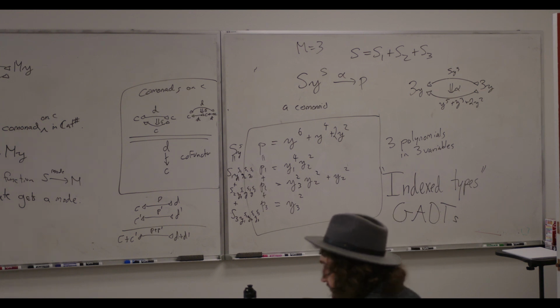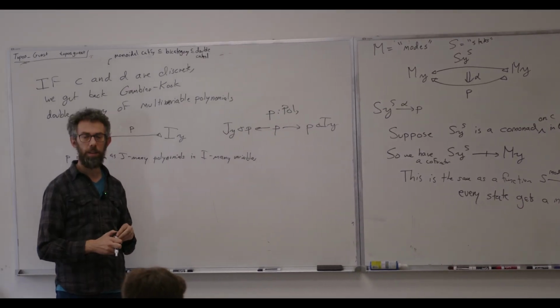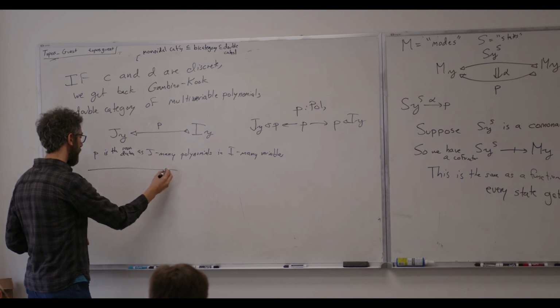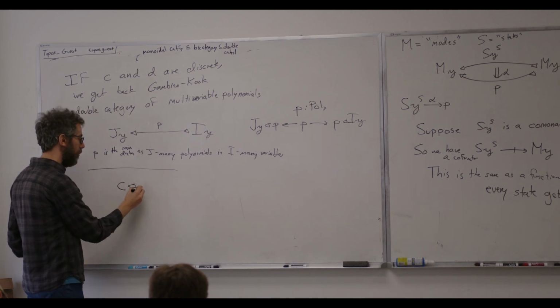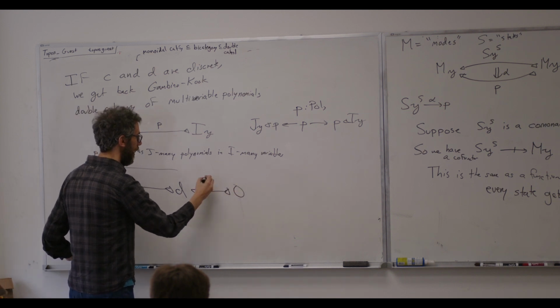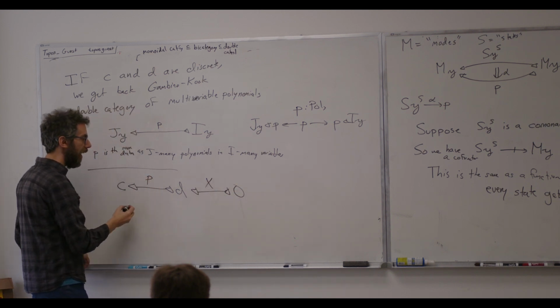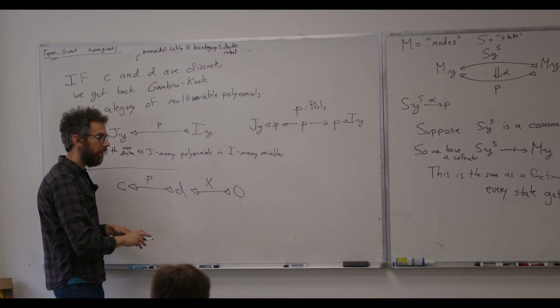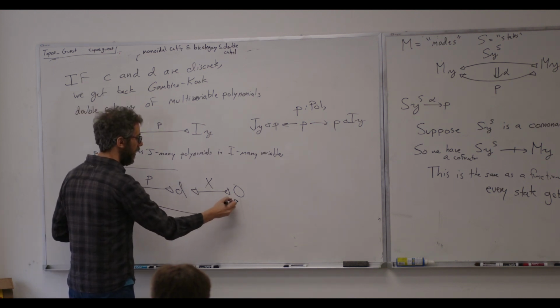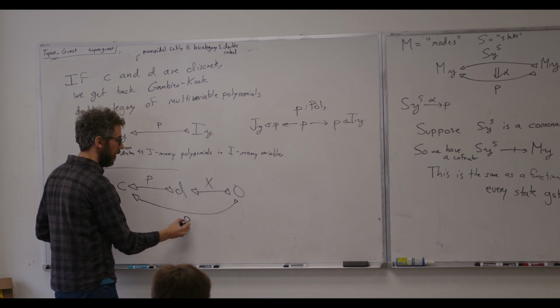If I was giving a 3-hour lecture on bicomodules, I would talk about composition, starting with composition like this. This takes a D-set, and when you compose, you get a C-set.